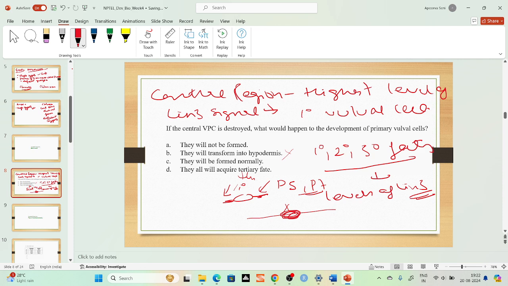They will be formed normally. Yes, they will be formed normally because the other VPCs can compensate and adopt the primary fate. Can they acquire tertiary fate? No, it cannot acquire tertiary fate because the loss can be compensated by the other vulval precursor cells. So the correct answer here would be C.